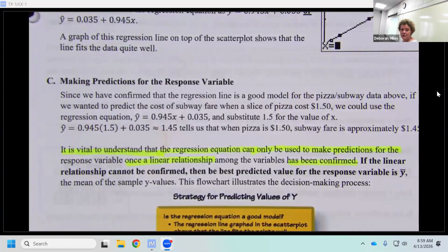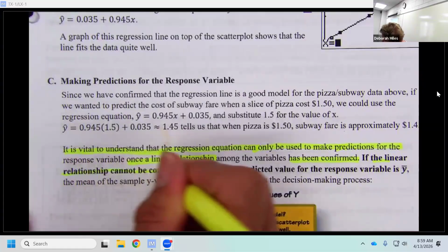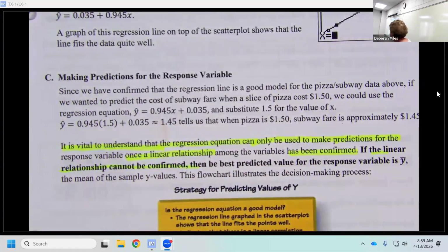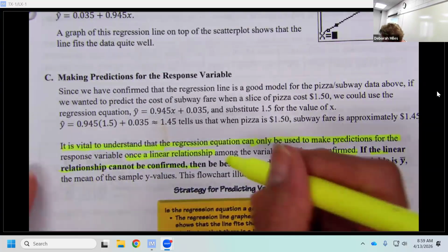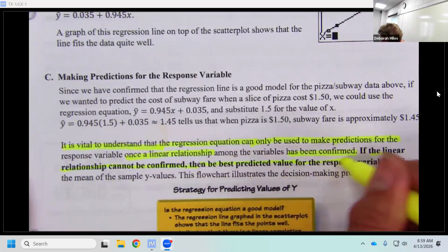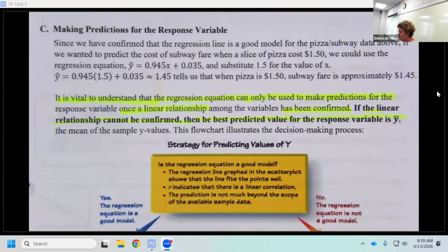If the linear correlation cannot be confirmed and you still insist on having a prediction, the best that you can do when there's not a linear correlation is just the mean of the Y values. And it's usually not a very good predictor. It's just the best thing we have when there is no linear correlation.